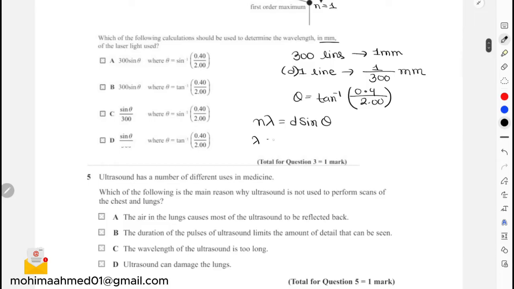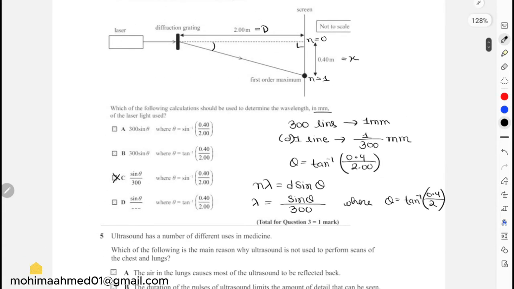So lambda is going to be sine theta divided by 300, because d was 1 by 300. Where theta is tan inverse of 0.4 divided by 2.00. So this is your correct answer, which is exactly option C. So option C is your correct answer in this case.